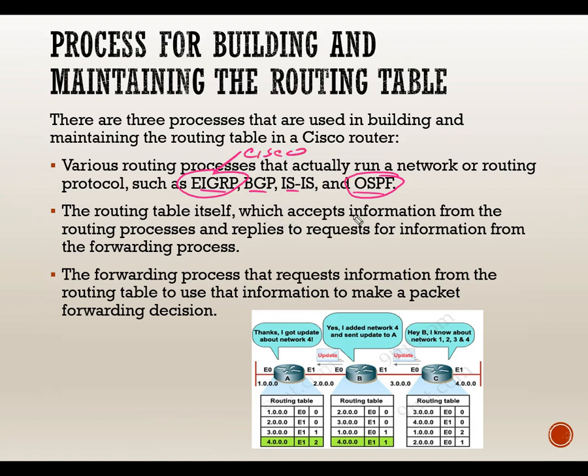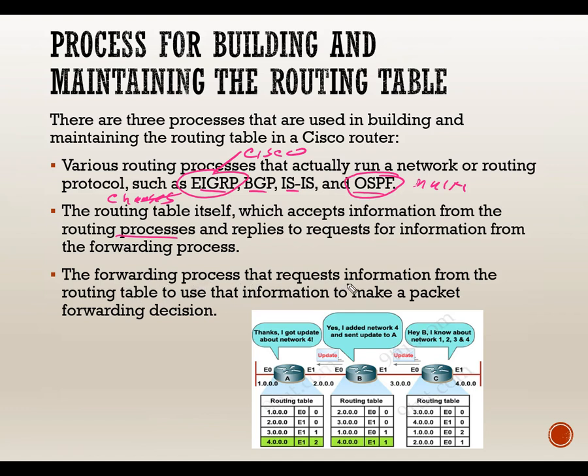The routing table accepts the information from the routing process and replies to the request for information from the forwarding process. This one's going to be a multicast, and this one only updates if there are changes, so it eliminates the number of things that are sent, and then RIP, as you recall, is a broadcast.